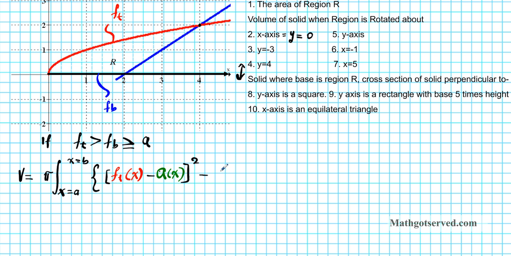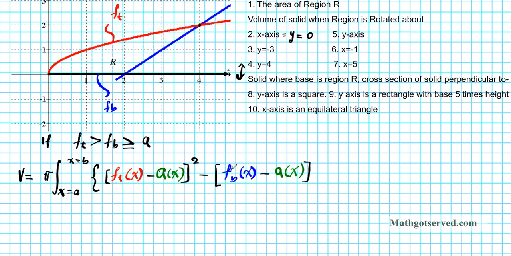Minus the function at the bottom, let's call that f sub b, the function at the bottom of x, minus the axis of rotation function, again a of x. Now this is the radius of the inner disk. In this case, our inner disk has a radius of 0, but that's okay. This is the formula for all cases.